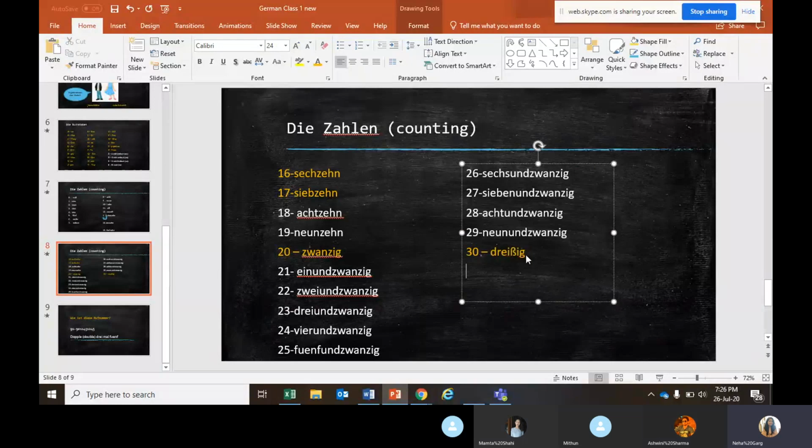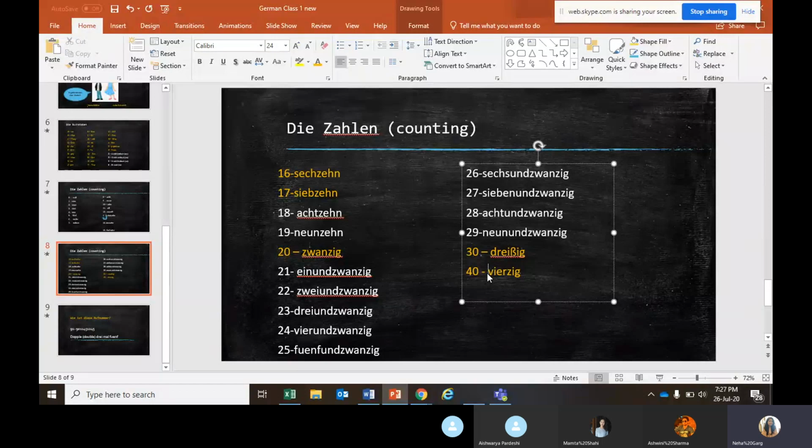So let me write 40 here. Can you pronounce 30? Dreißig. Right. But if we are writing 40, it would be ending with 4 and then the T sound, zig, like in 20 for the ty, we have zig.